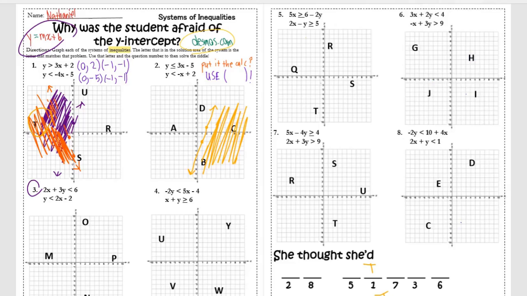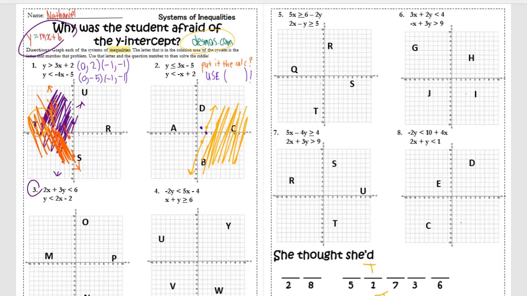Why don't you try to graph the second inequality? I'll give you a few seconds. Just pause the video if you need to, and we'll see what you got. Try to shade it too. Okay, so 2 good points are 1, 1, so x is 1, y is 1, and 2, 0, so x is 2, y is 0.